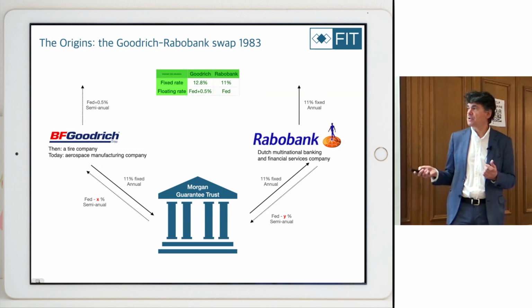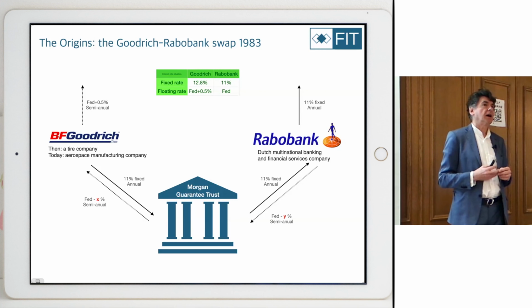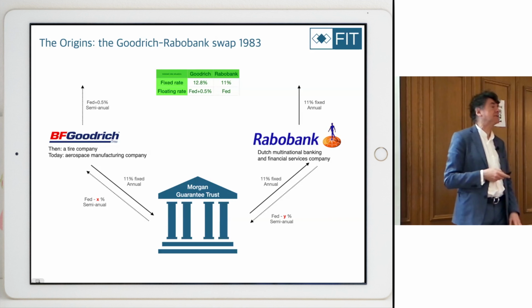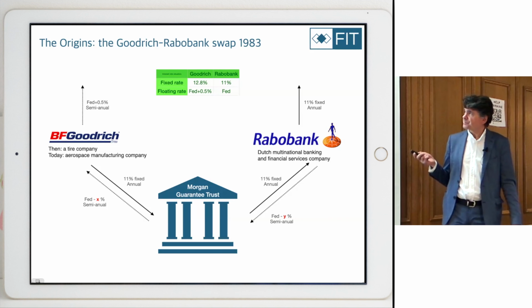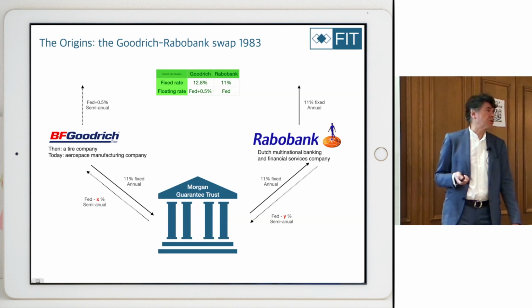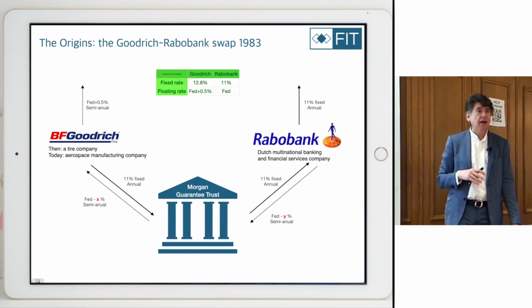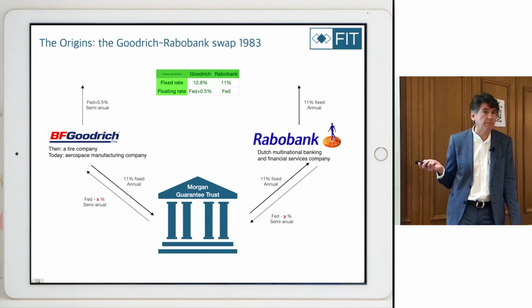Swaps, actually, the concept of a swap, were created at this time, and they were created at this time because the market conditions were very unique. We discussed that, I think, last week when I showed you the evolution of markets since 1929, and the post-oil crisis volatility in the market. This was created by the oil crisis, by the way.